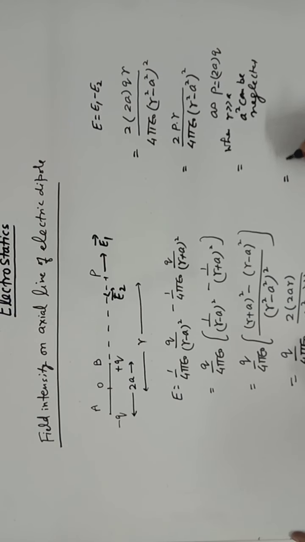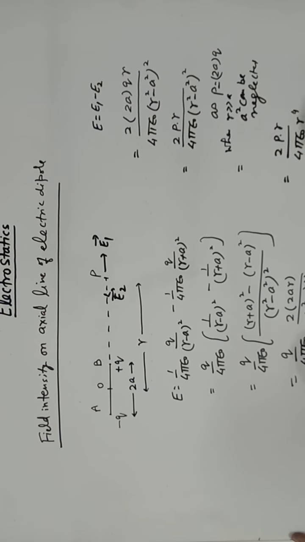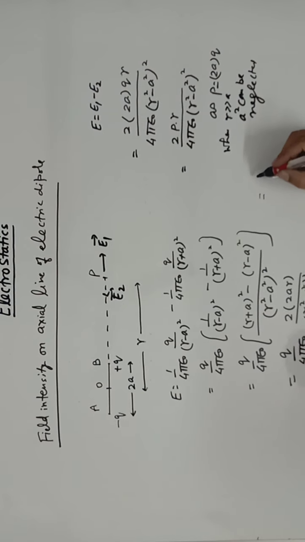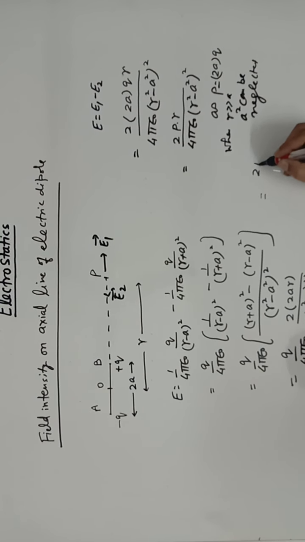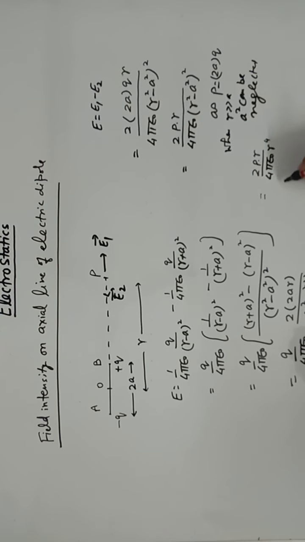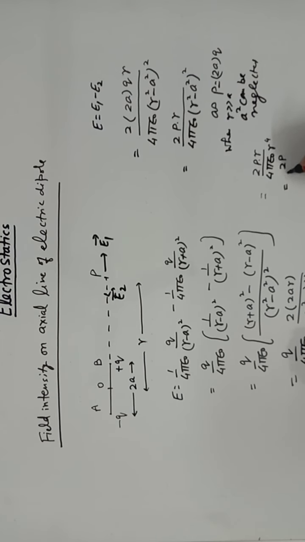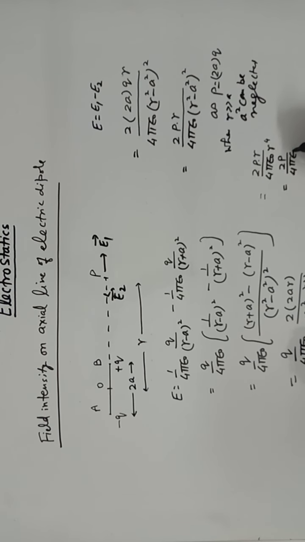The formula will become 2pr upon 4 pi epsilon naught r to the power 4. So this is 1 upon 4 pi epsilon naught 2p upon r cube.